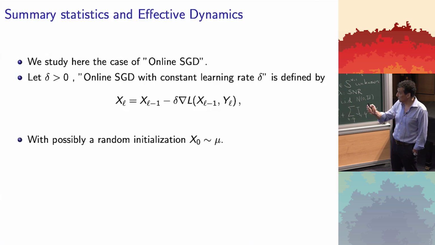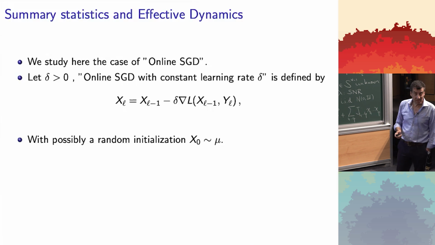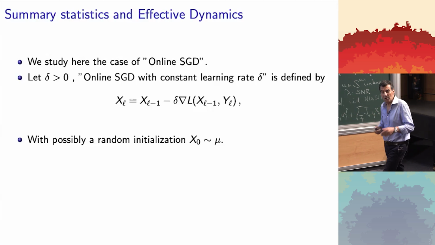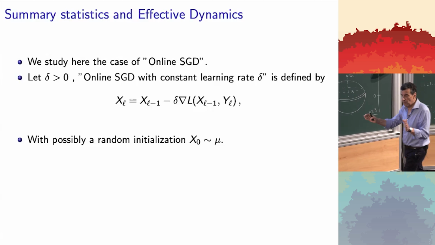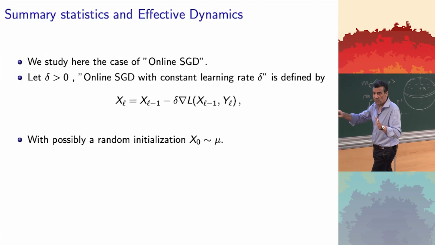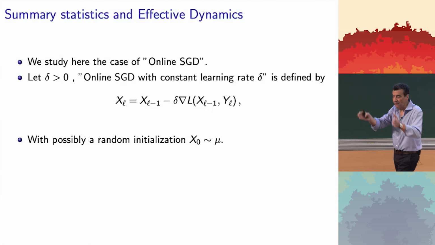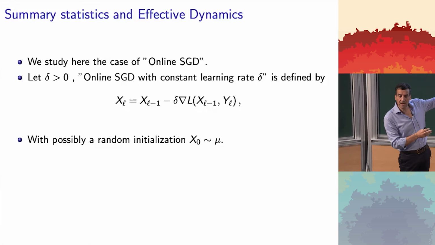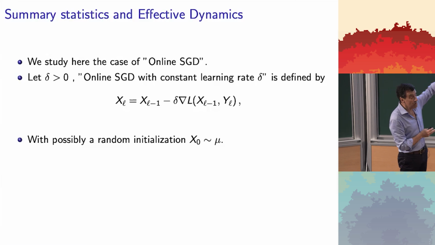And then, of course, in order to specify this, you have to say where you start. As I mentioned, in SGD you could do many different things. Instead of taking one data point here, you could take a batch of data points, say 25 data points, that's called a batch, and you take the average on the batch. And then you can choose the size of the batch. Here, this is the minimal size of the batch. That's why it's called online SGD.